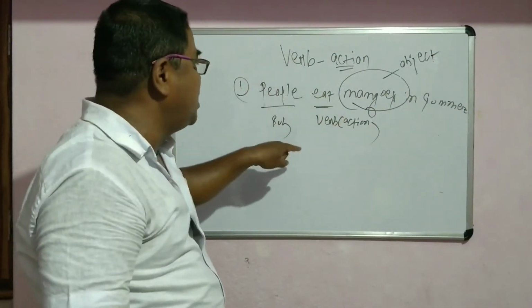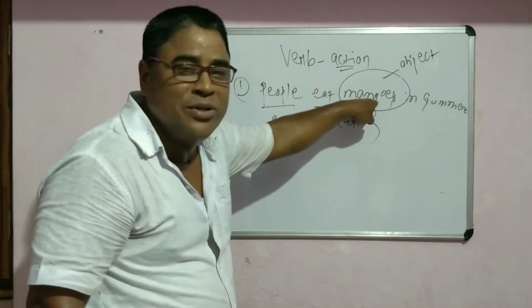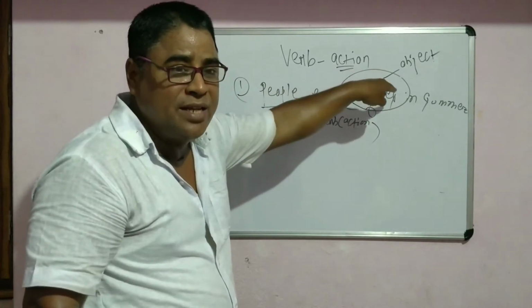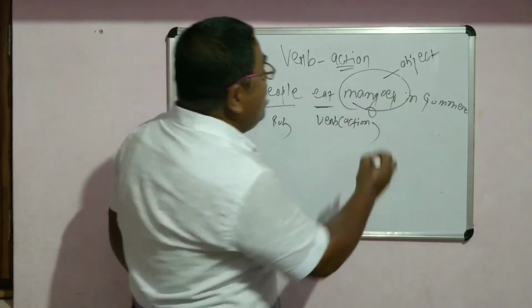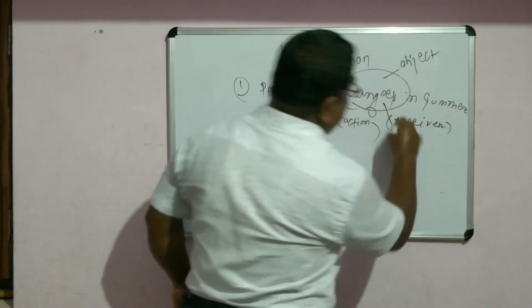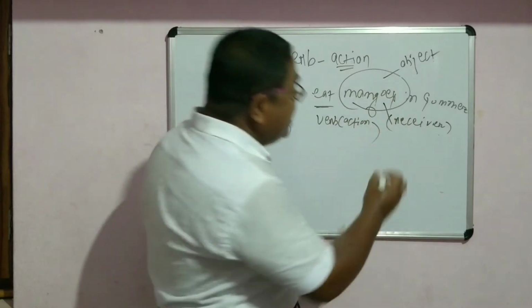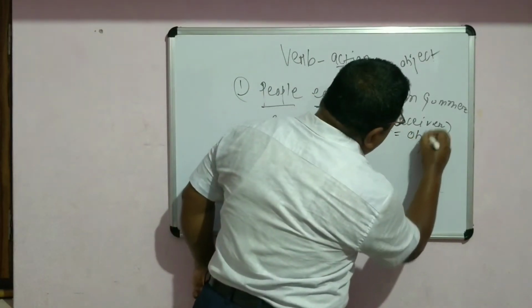You just put a question. What do people eat? The answer is mangoes. So mangoes receives the action. So mangoes is the receiver. If something receives the action, it is called the receiver, and this receiver is otherwise known as the object.